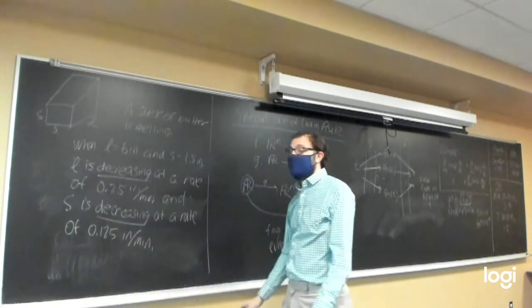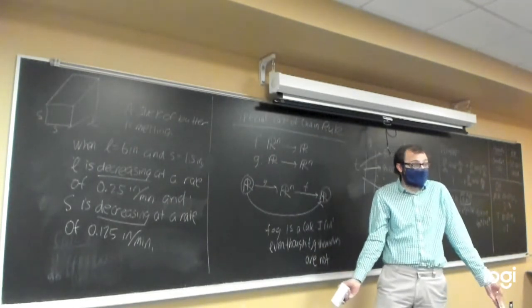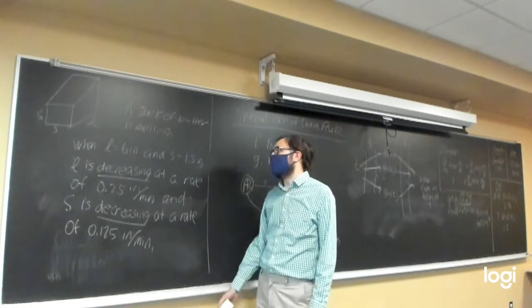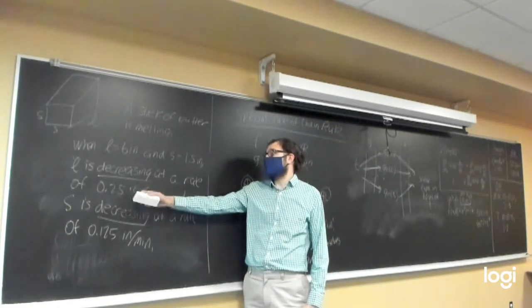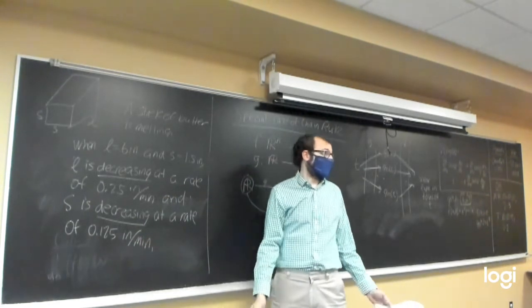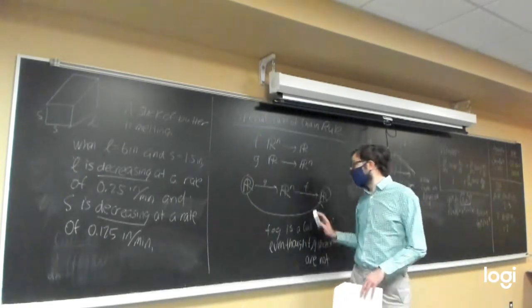So we have S and L. Our stick of butter is in the microwave. It's melting away. It's shrinking. And we know when L is 6 inches and S is 1.5 inches, L is going to be decreasing at this rate. S is going to be decreasing at that rate. So we know how fast S and L are shrinking at that point in time.